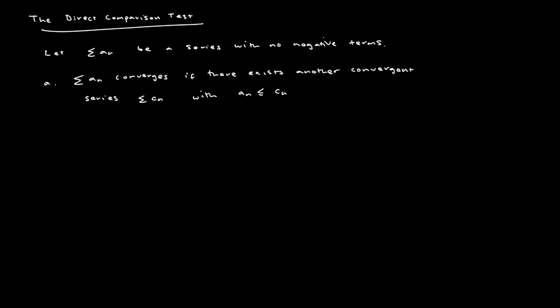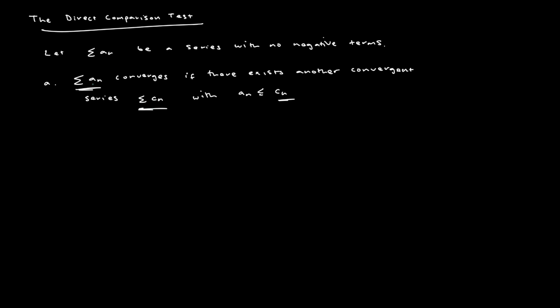This is very similar to the integral direct comparison test we saw, where if we can upper bound our specific infinite series with another infinite series that we know already converges, that must imply that the lower infinite series also converges.